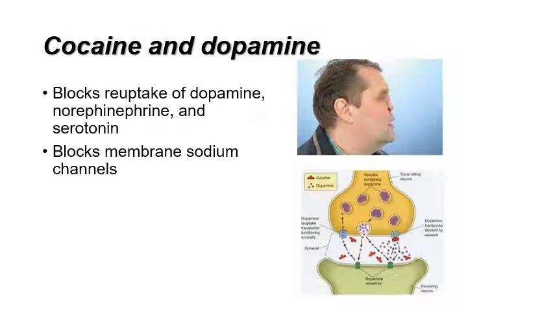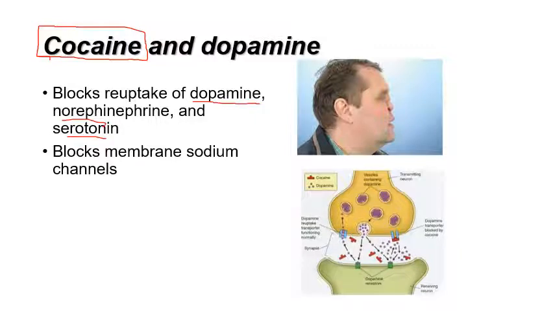You see some of your psychotropic drugs, ones like cocaine, their effects. Cocaine, known to be addictive, so you figure it's going to increase dopamine pathways, because those are the reward pathways, and it does. It blocks reuptake of dopamine, norepinephrine, serotonin.